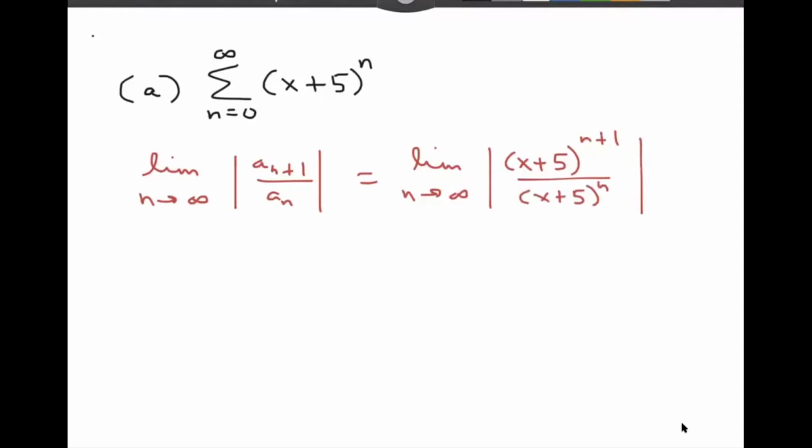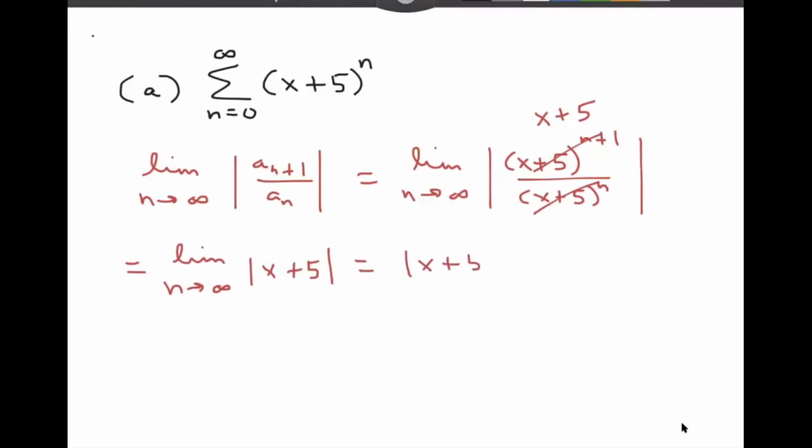And of course, x plus 5 to the n plus 1 divided by x plus 5 to the n is just x plus 5. So we are left with the limit as n increases without bound of absolute value x plus 5. Well, as far as n is concerned, absolute value of x plus 5 is constant. So this limit is just absolute value x plus 5.